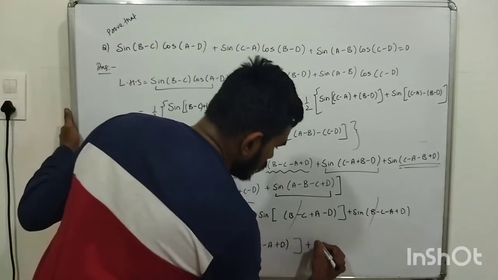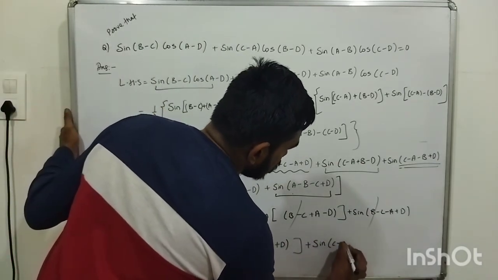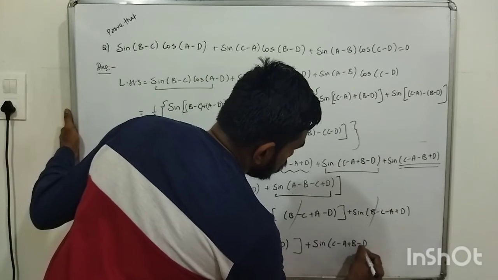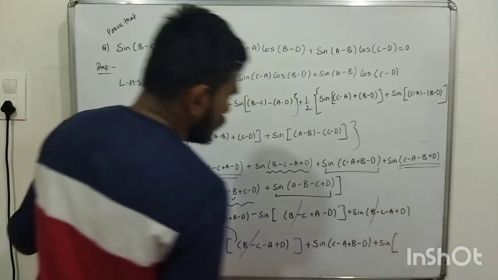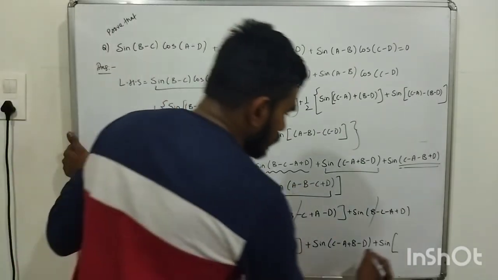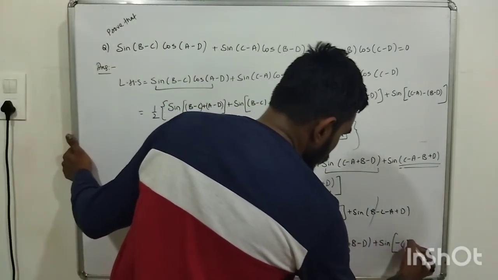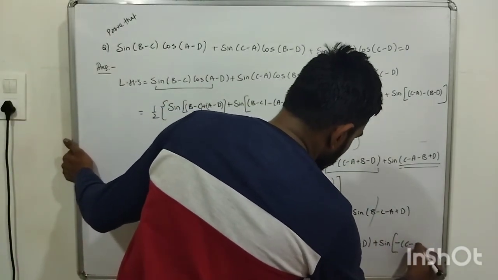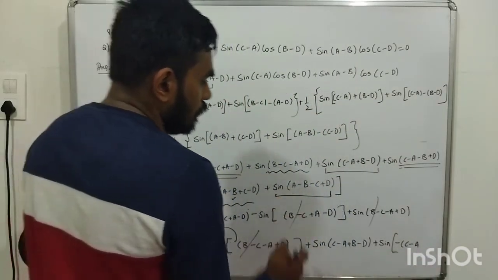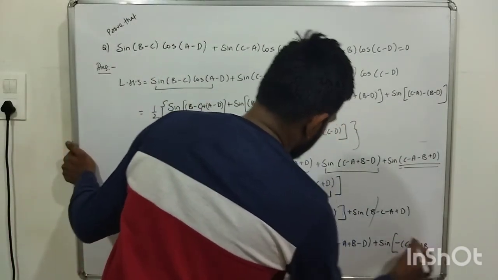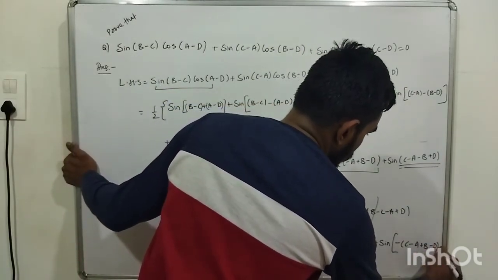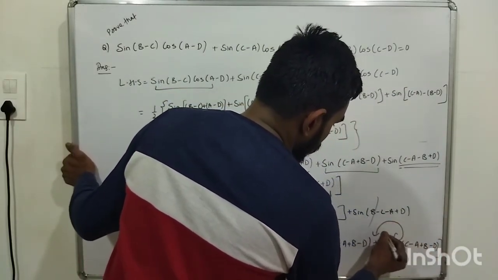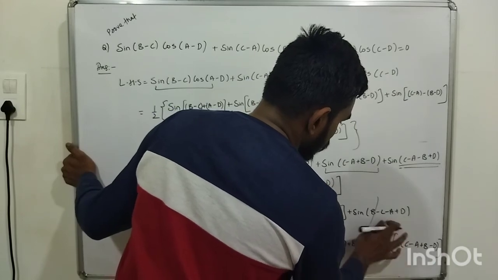So this third one is sin C minus A plus B minus D, and this side it is plus sign. If I take minus sign common out, C will get plus sign, A will get negative sign, correct? B will get plus sign, if I take minus sign common out, and D will get minus sign. So this sign I can take common out here and multiply with this, correct?